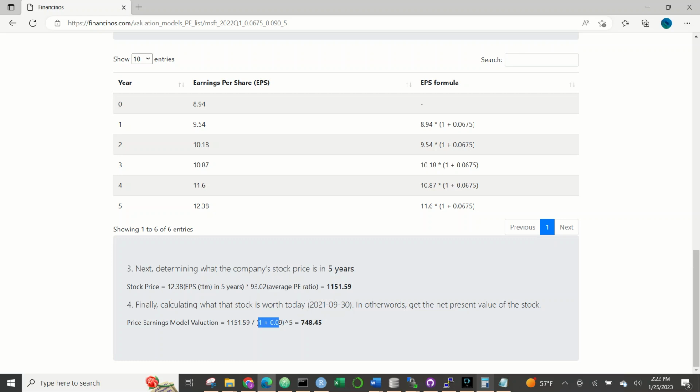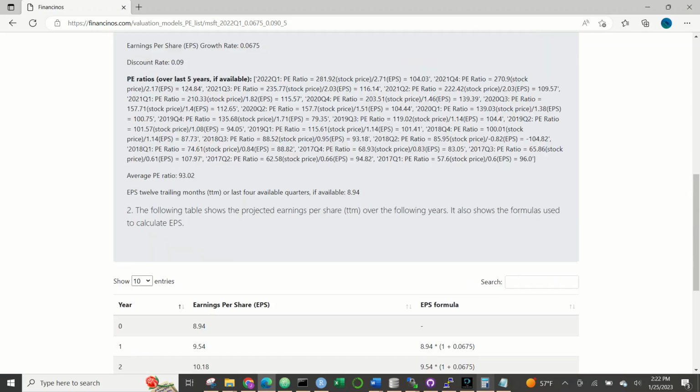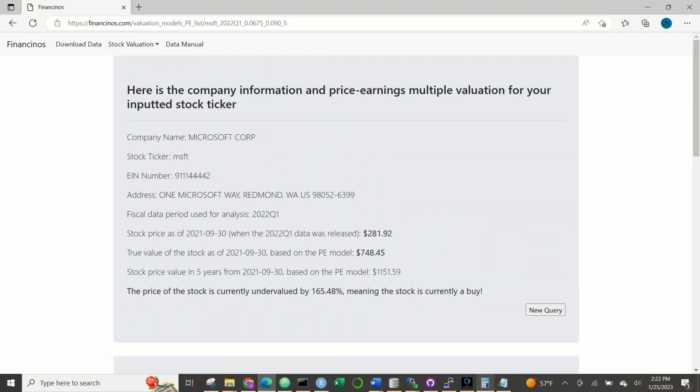So 1 plus our discount rate to the 5th power, and then we get $748.45, which is what the stock is worth as of September 30, 2021. We can see that it matches up here: $748.45, and then with step 3, what the stock price is worth 5 years from now, $1,151.59.